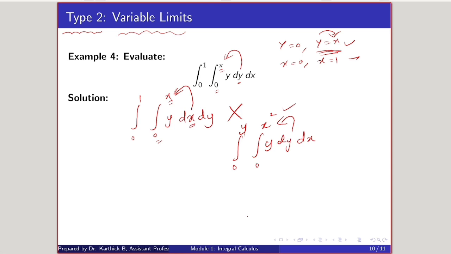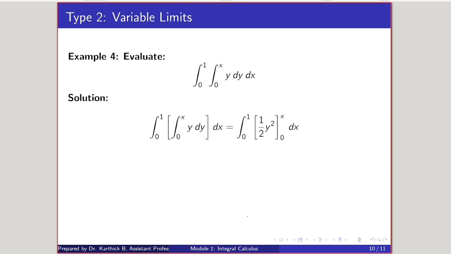It is okay. x varies from 0 to y. It is also done. So this can be done, but the same variable can't have the same thing as a limit. So this is wrong. This is right.